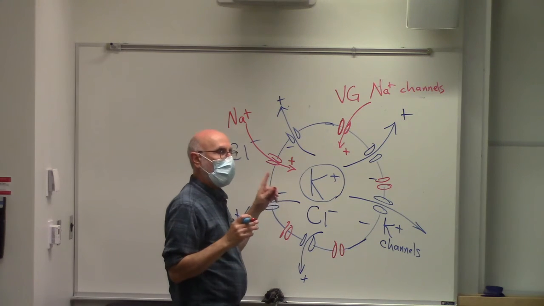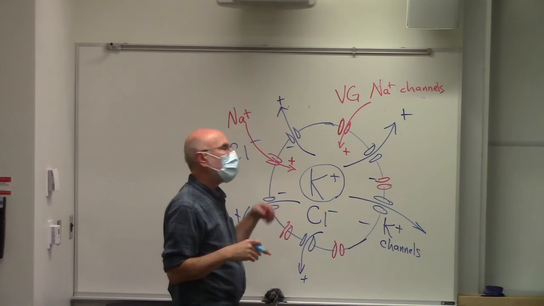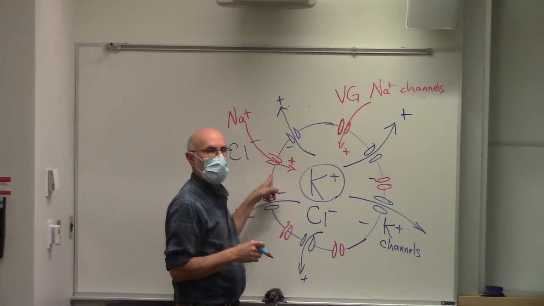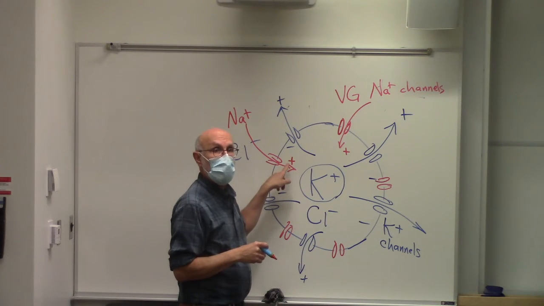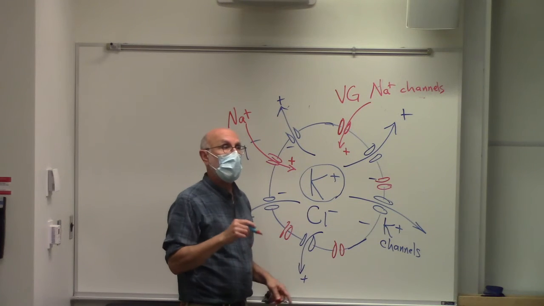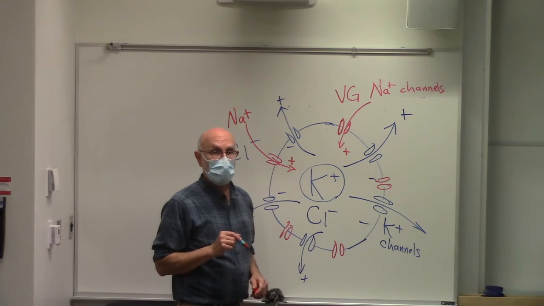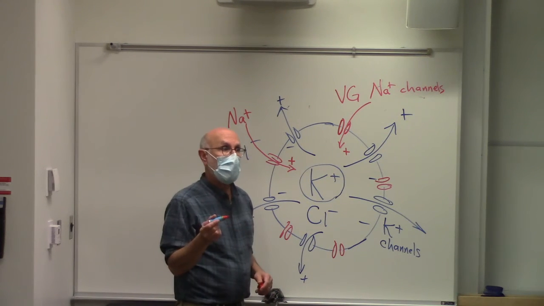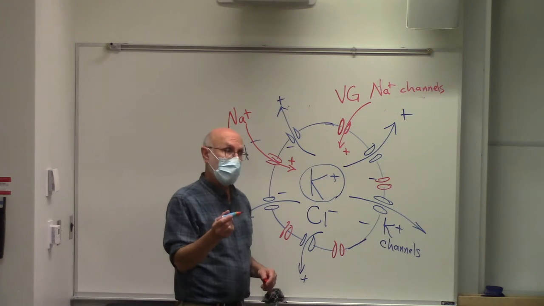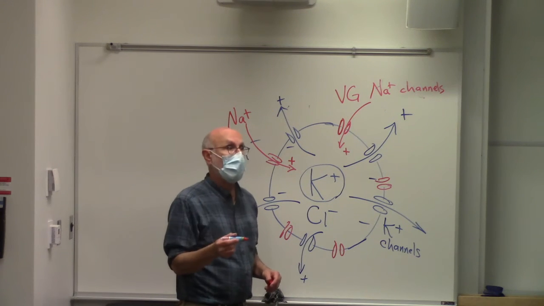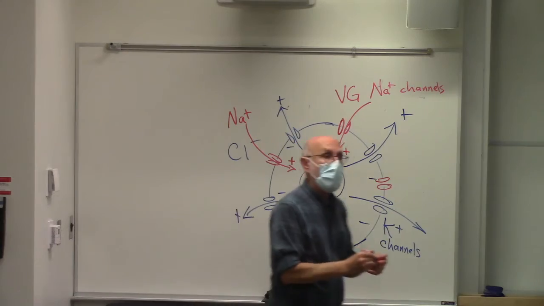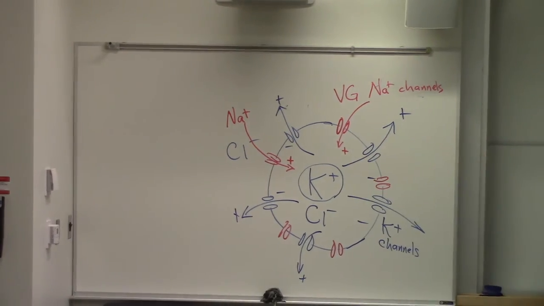So they are opened by depolarization, and what do they do to the membrane? They depolarize it by allowing positive ions to flow in. So we've just got a chicken and egg story going on, right? They are opened by depolarization, and they open, and they depolarize. So that is a positive feedback loop.